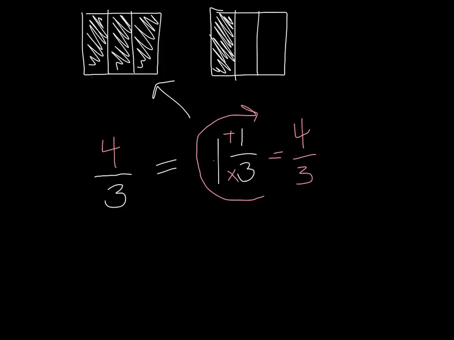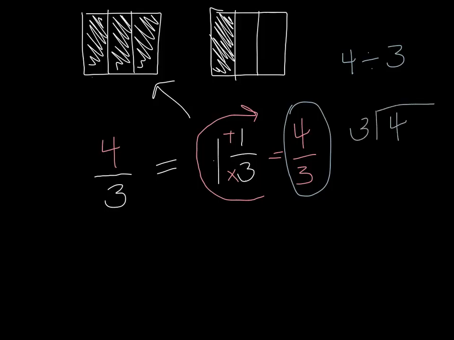In order to go from the improper to the mixed number, I use division. So I know this problem is the same as 4 divided by 3. So 4 is in the house. 3 will fit in 4 one whole time, so there's my whole number. 1 times 3 is 3.